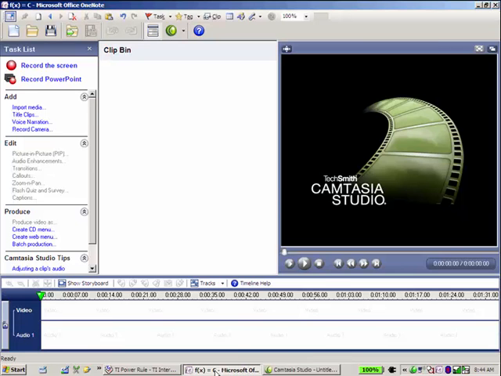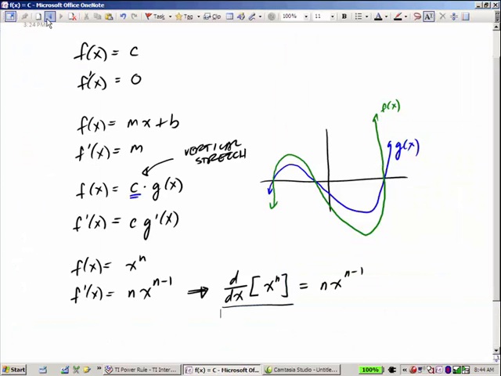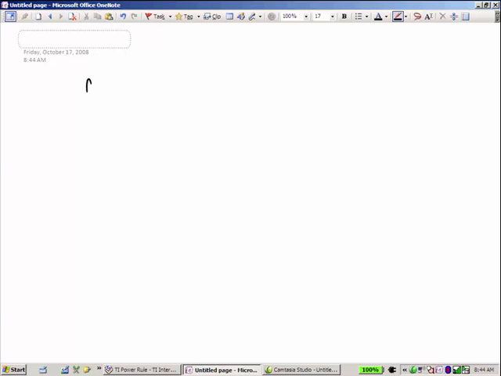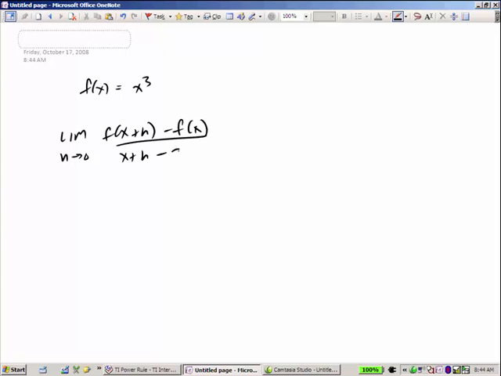So if we have f of x equals x cubed, and now we do the limit as h goes to 0 of f of x plus h minus f of x all over x plus h minus x, the denominator is a piece of cake, right? And actually, part of the numerator is not bad at all, right? The minus f of x part. It's just you probably don't want to cube x plus h, right?